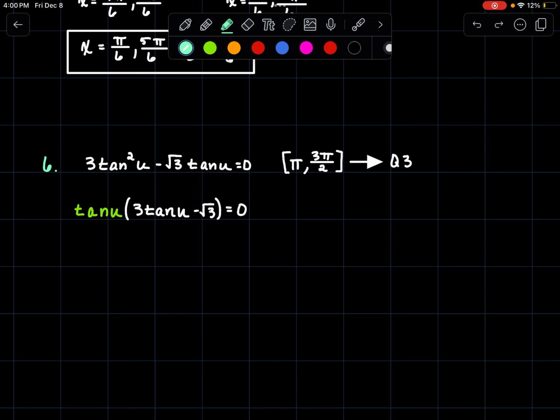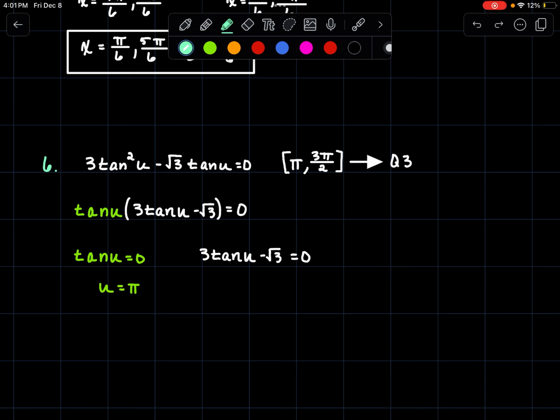And just like we did in the previous problem, once we get something factored, we take each factor and set them equal to 0. So that means tangent gets set equal to 0, and 3 tangent minus root 3 will get set equal to 0. Now this one is already set for us to solve, so you would go to your unit circle, look in that third quadrant, and see, do I have a tangent value of 0?